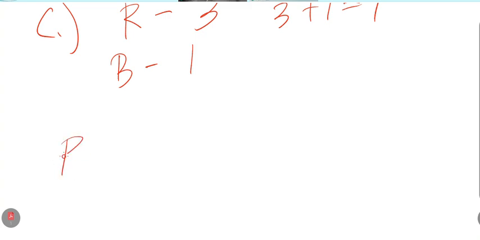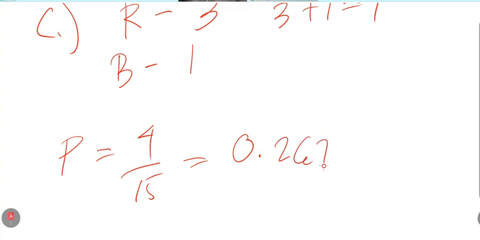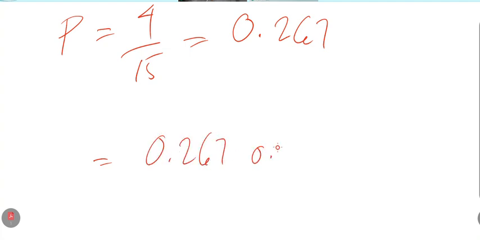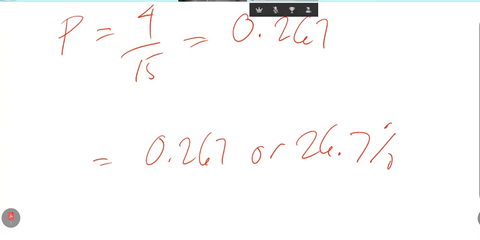So the probability is 4 over 15, which equals 0.267, or 26.7%. Okay, so that's the solution for this one.